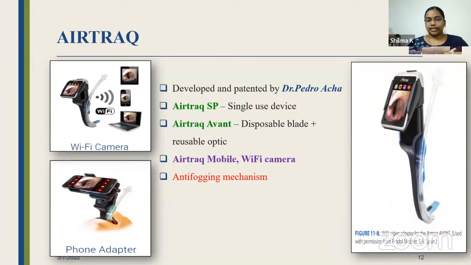And AirTrack has an anti-fogging mechanism which is enabled by turning on the scope 60 to 120 seconds prior to the use. Once it is turned on, there is a heating element at the tip of the scope which heats the lens until the desired temperature has been attained. And there is an LED indicator for that also. Both adult and pediatric sizes and a size to accommodate double lumen tubes are available.